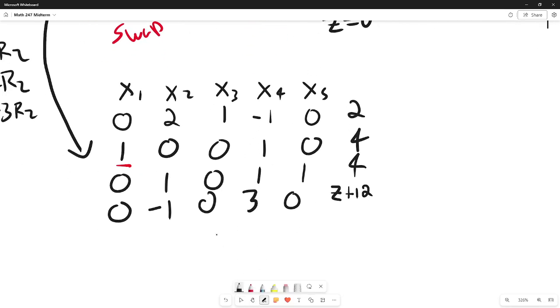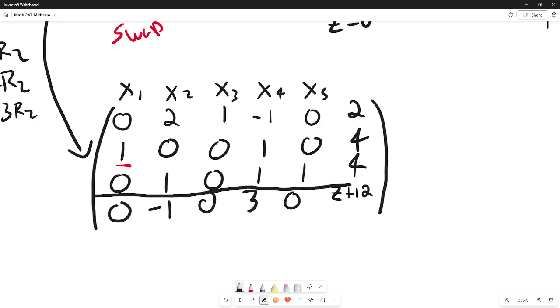So I'm going to redraw our matrix correctly here. Okay.